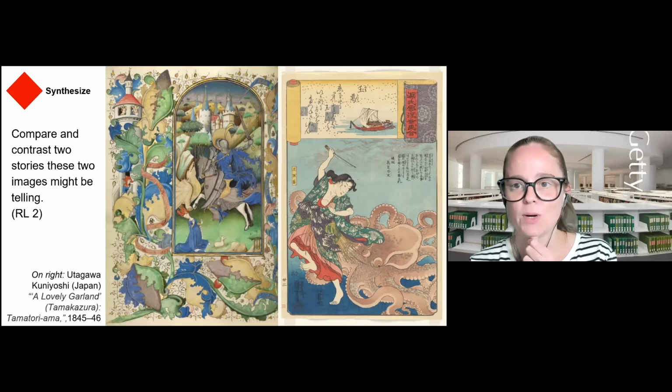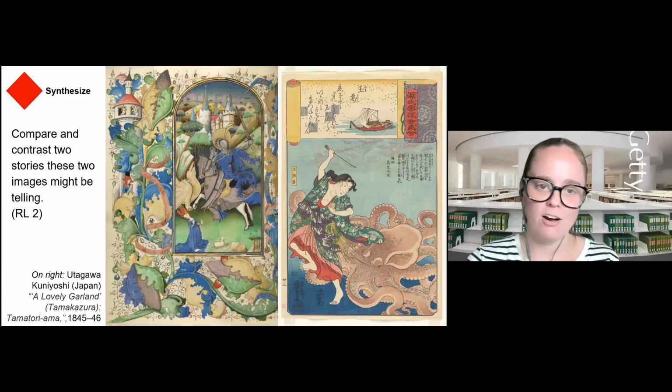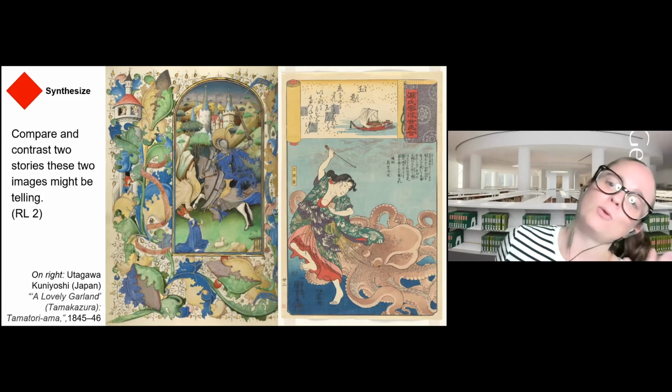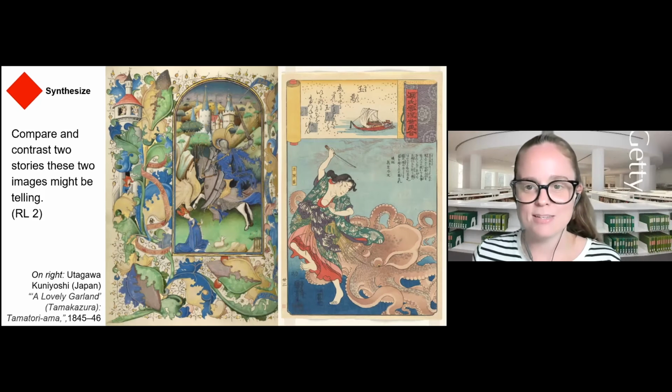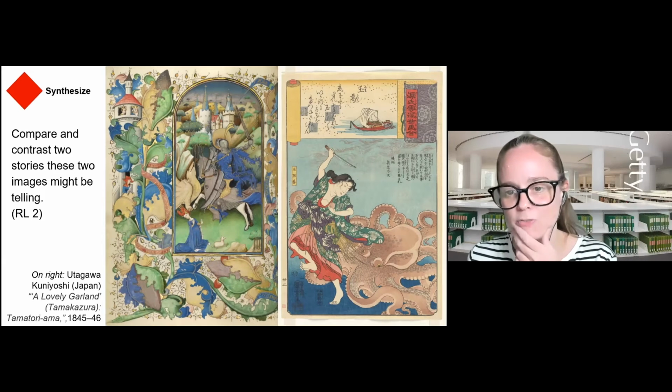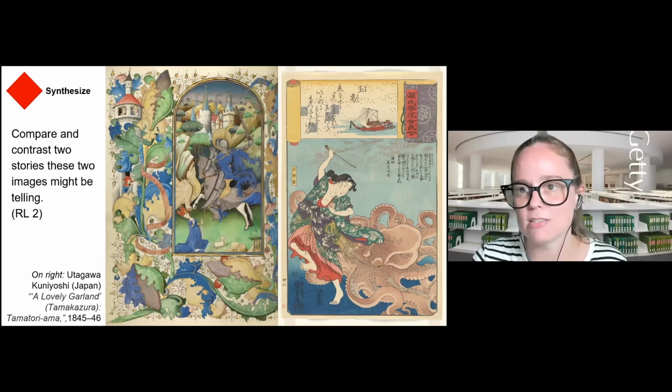One thing that strikes me when I'm comparing these two is that the body language of the woman who is very forlorn in the St. George image is very similar to the woman who is fighting the octopus in the other image.